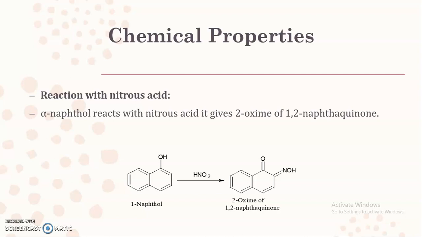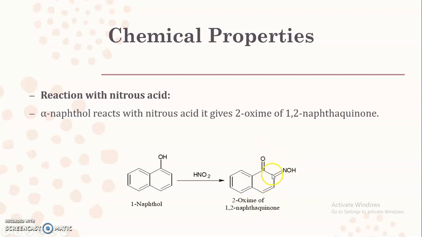Nitrous acid will attack the 1-naphthol to first give the naphthaquinone, and further the naphthaquinone is converted into its oxime structure. Oxime means a structure with a C=NOH double bond. Generally oximes are prepared from aldehydes or ketones.